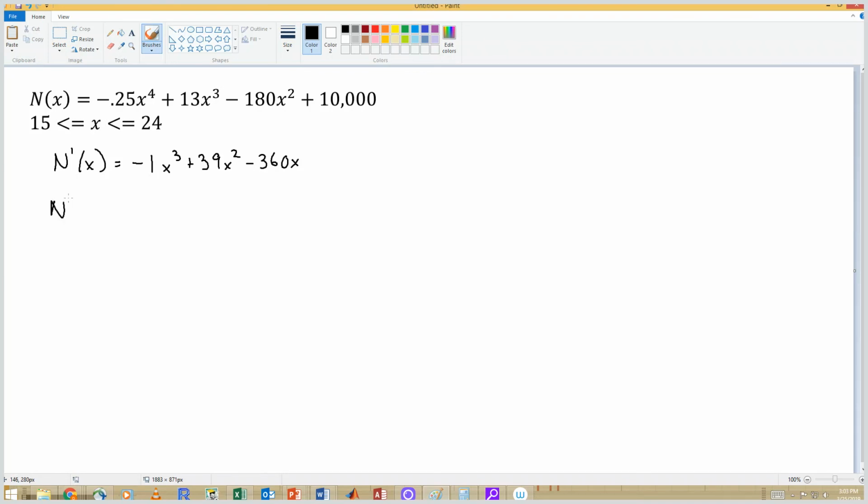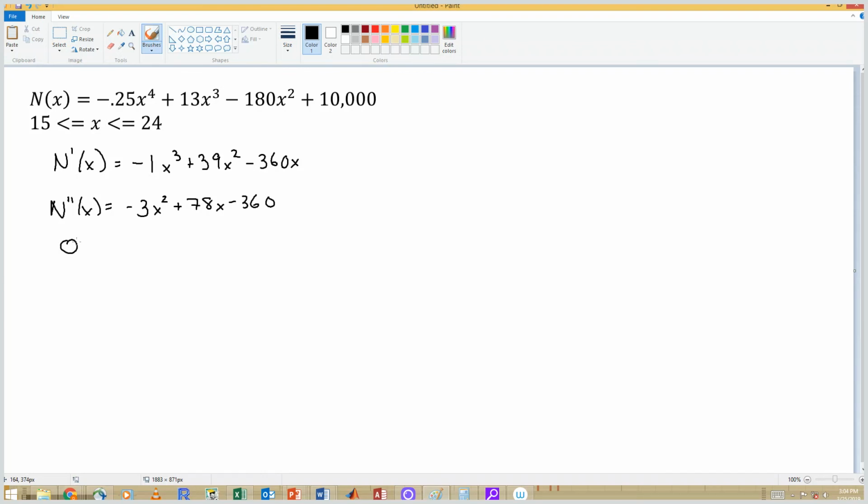So N double prime of x, which is the derivative of the first derivative, is negative 3x squared plus 78x minus 360. I'm going to set the second derivative equal to 0 in order to find when it changes from positive to negative.